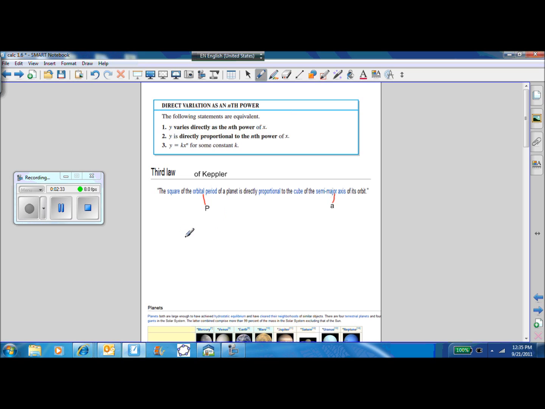So the square of the orbital period is proportional to, so equals some constant of proportionality times, the cube of its orbit. Now we can get this as one power by just saying P squared equals K a cubed and raising each side to the 1/2.